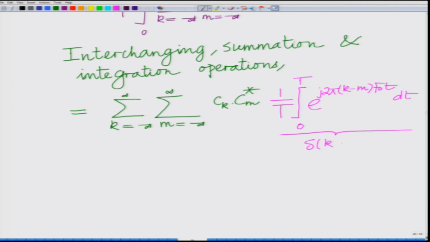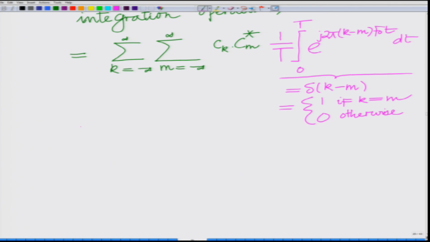This is equal to 1 if and only if k equals m, and 0 otherwise.